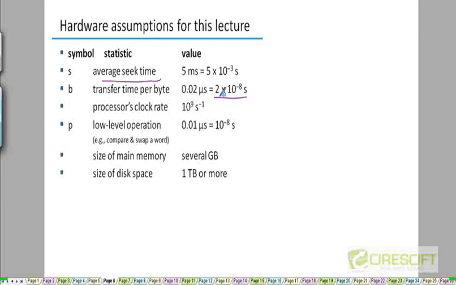So it's going to be about 3 or 4 times smaller than even the transfer time from disk. And we just saw that we are going to assume that the size of main memory is a few gigabytes or tens of gigabytes, and the amount of disk space is going to be much larger than this.